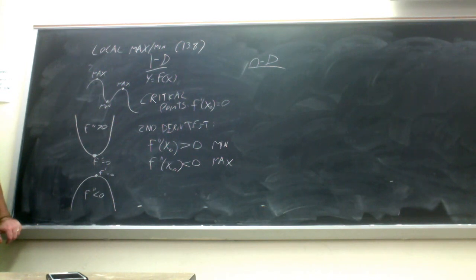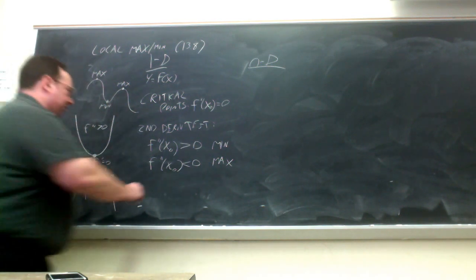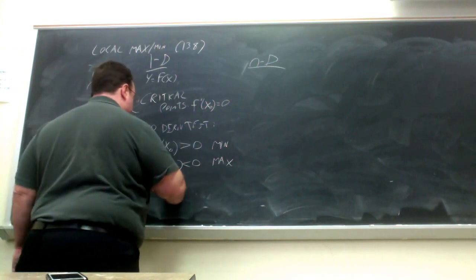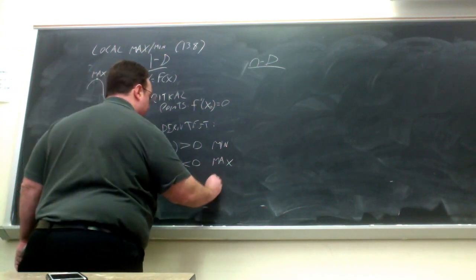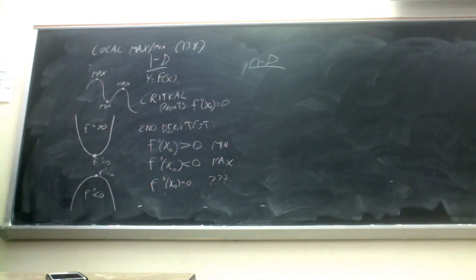You may have an inflection point. It really depends on whether there's a sign change in the first derivative. That tells you if it's a max or min. That's really the if and only if of it. Okay, so that's what you had to do in one dimension. So I'll just write the last case: if it equals 0, it could be a max or min, you just don't know. You have to try something else.